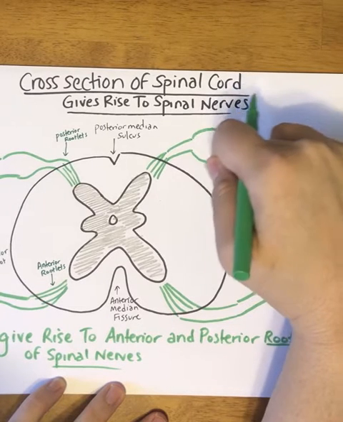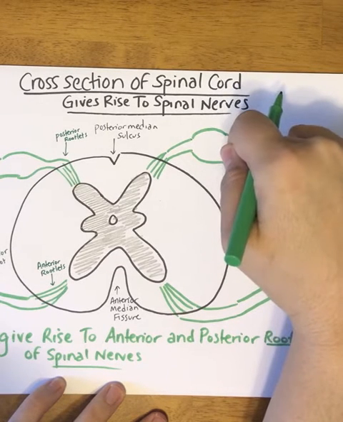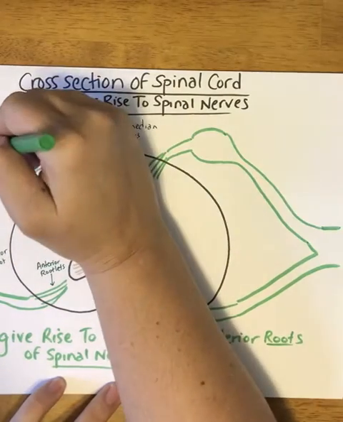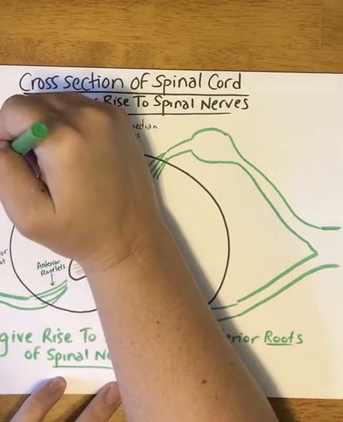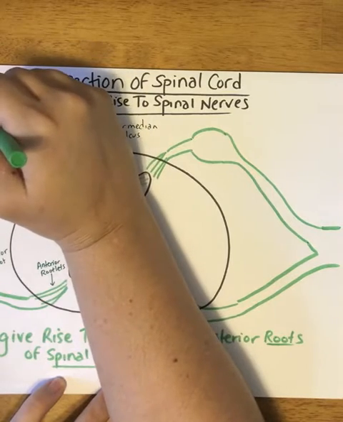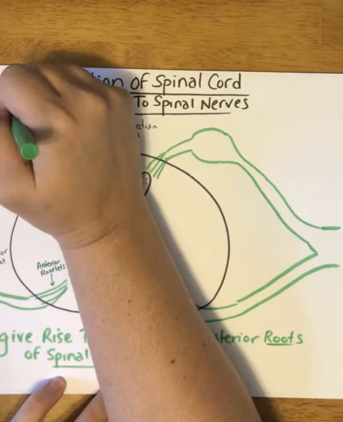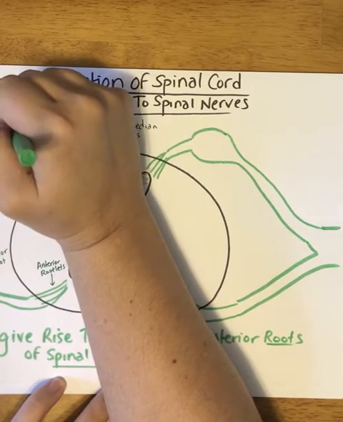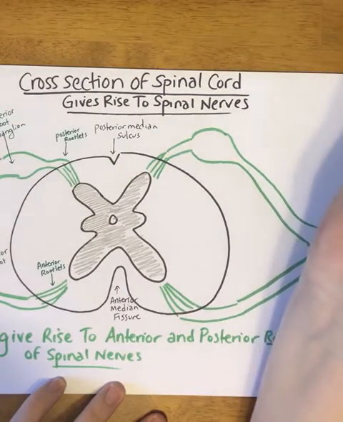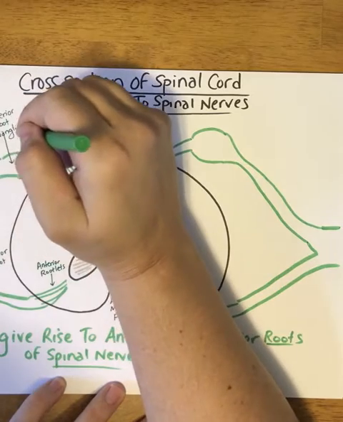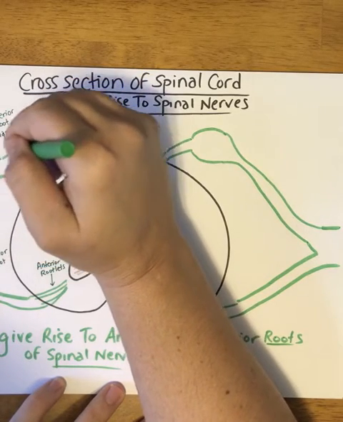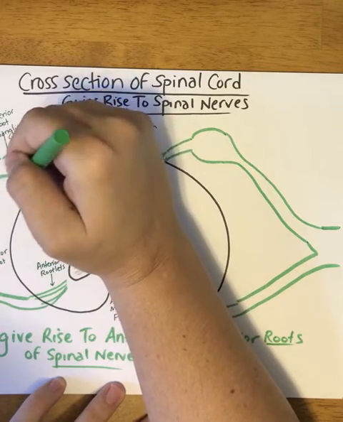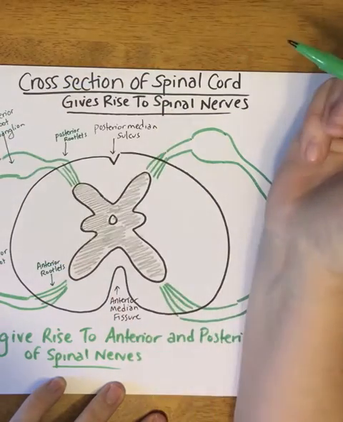When you have a swelling in the PNS and a group of neuron cell bodies, this is called a ganglion. This right here is called the posterior root ganglion. So we've learned that a ganglion is a swelling. The posterior root ganglion is a group of neuron cell bodies that are going to be found in the PNS.